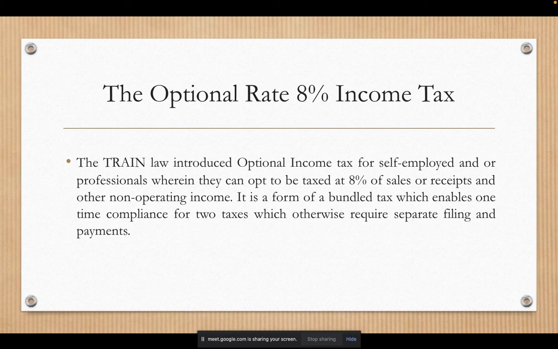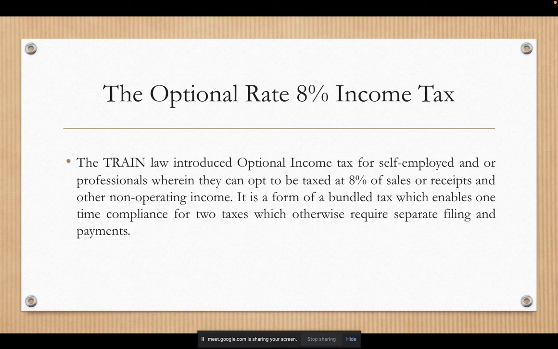Okay? So, optional rate of 8% income tax. This is very relevant for you, especially if you are an individual, no? The TRAIN law introduced optional income tax for self-employed and/or professionals, kagaya ko, di ba? Wherein they can opt to be taxed at 8% of sales or receipts and other non-operating income.